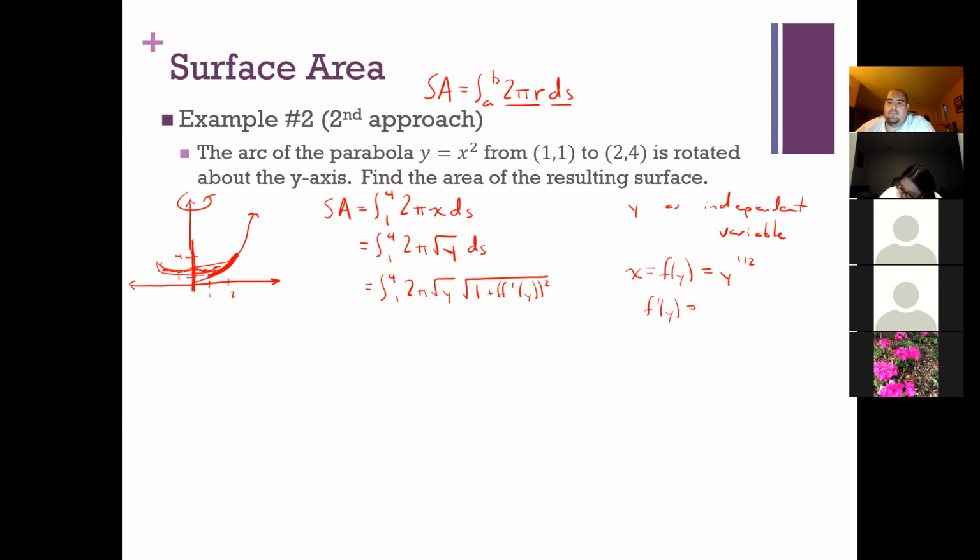So now let's get this derivative. So 1/2 y to the negative 1/2. And if we square that, we get 1 over 4y.